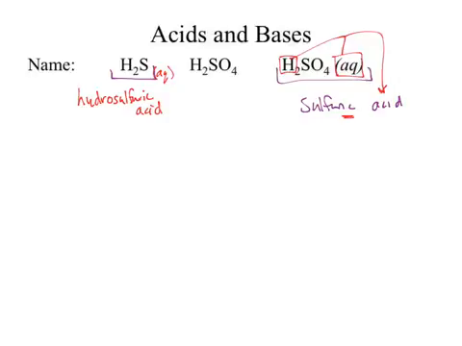Why is the first one hydrosulfuric acid and the last one only sulfuric acid? Kind of back to the oxygen. It's a ternary acid. Ternary acids, we do not specify the hydrogen. Okay? If it's a binary acid, only two elements, we need the hydrogen, or we need the hydro specified.